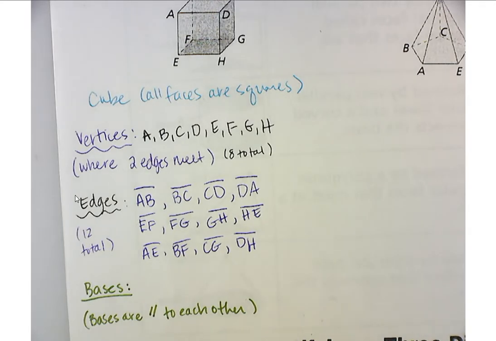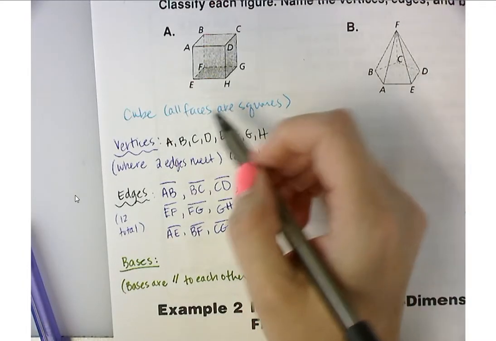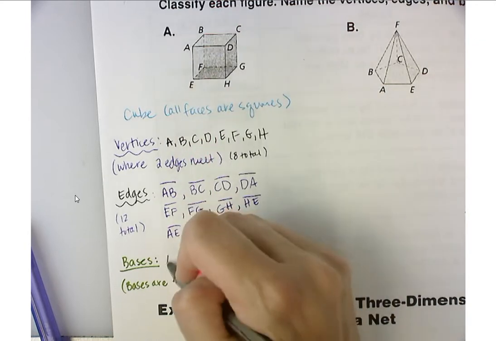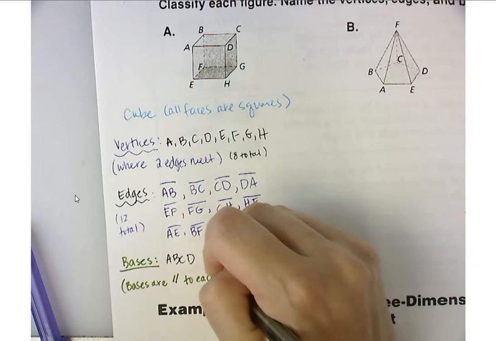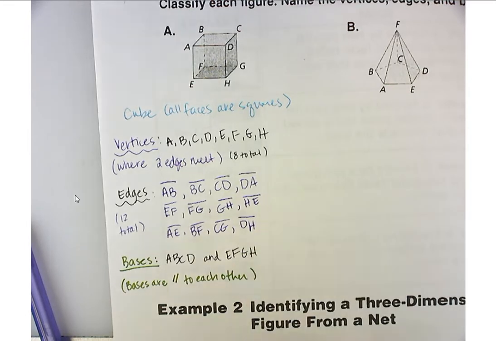Now, if your base is a square like we have here, then we are just going to name it with the 4 vertices that make up the 2 squares. So on the top, the base is ABCD, and the bottom base is EFGH.